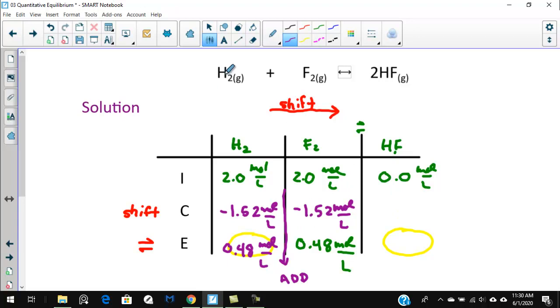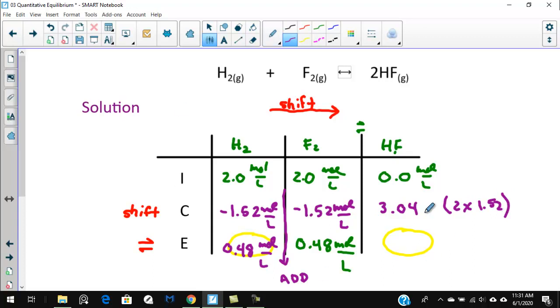But if we look at our equation, it's 1 to 1 to 2. So if this was 1.52, this would have to be 3.04 or 2 times 1.52. Okay?